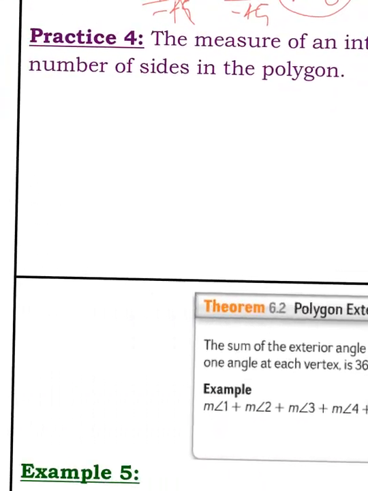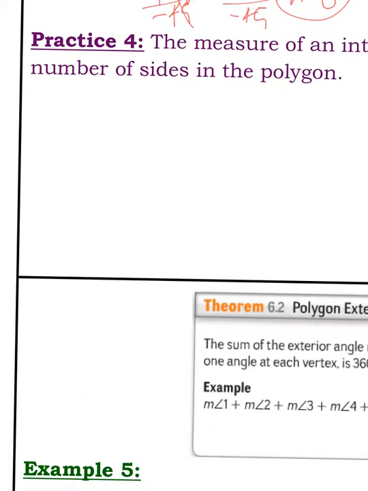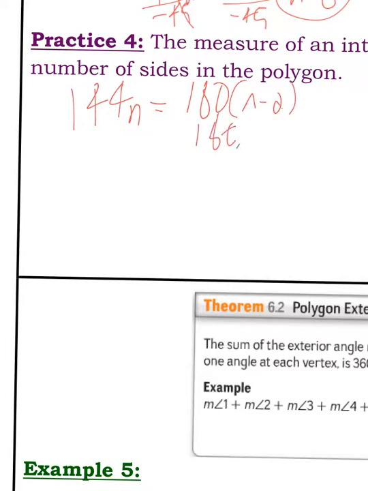Next, the measure of an interior angle of a regular polygon is 144. So I'm going to write 144n. I'm going to multiply that by the n number of sides equals 180 times n minus 2. Or you could just skip ahead and say 180n minus 360 because it'll set up the same way every time. And so I'm going to subtract 180n again.